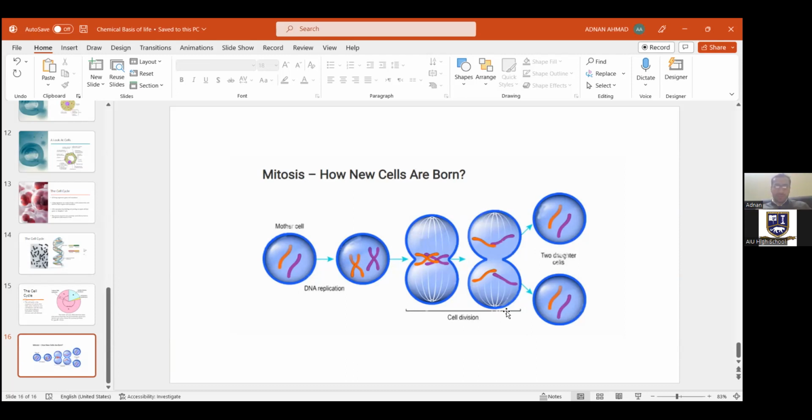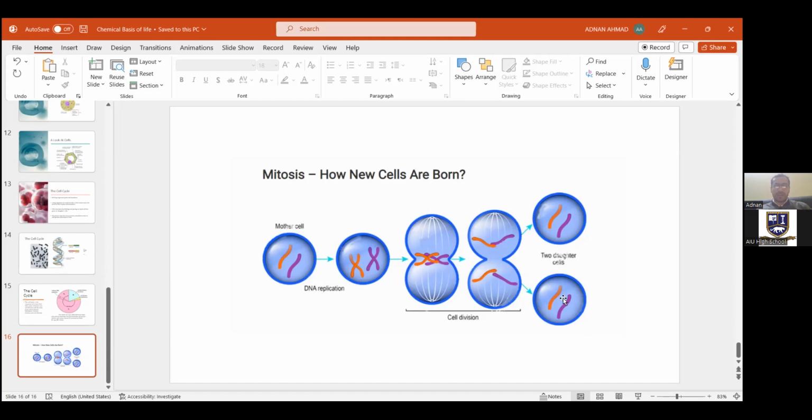In the fourth stage, you can see that the DNA is again shifting, and the nuclear membrane and the cell membrane are splitting, and finally one cell produces two daughter cells. This is the end process of mitosis, M.